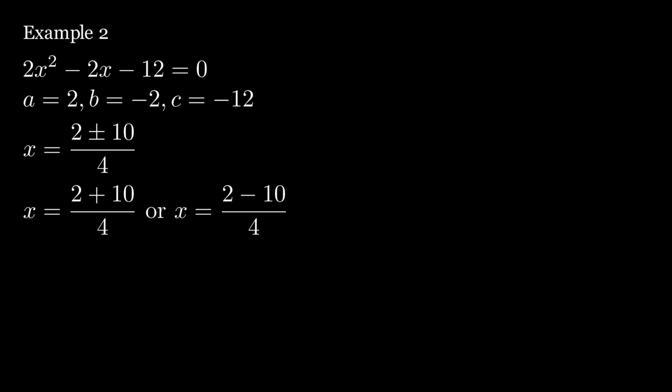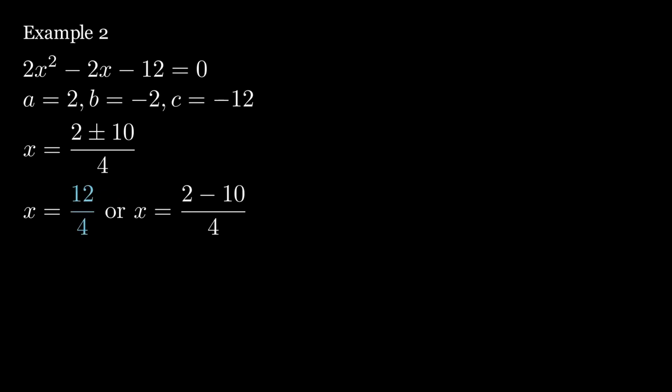One is plus, one is subtract. 2 plus 10 is 12. 12 divided by 4 is 3. The other solution is 2 take 10, which is minus 8. Minus 8 divided by 4 is minus 2. That's it for the second question.